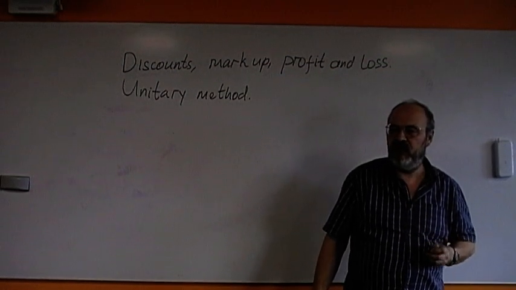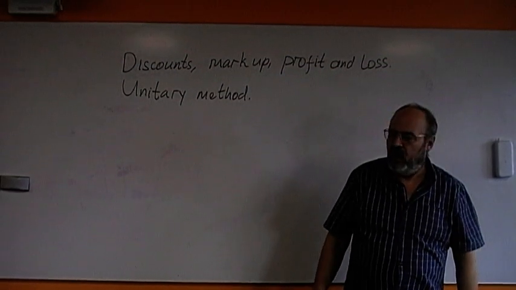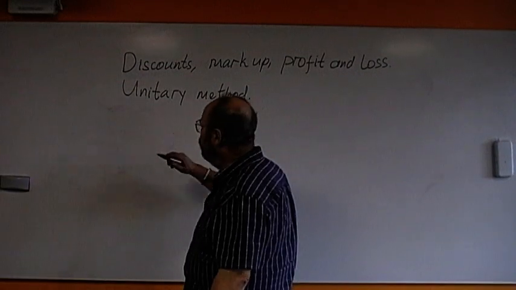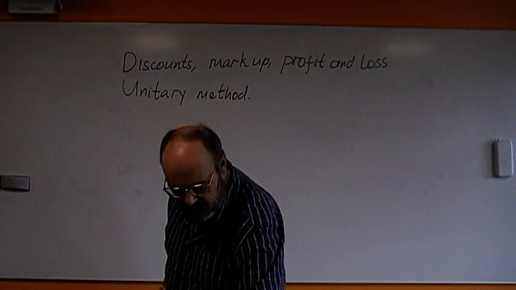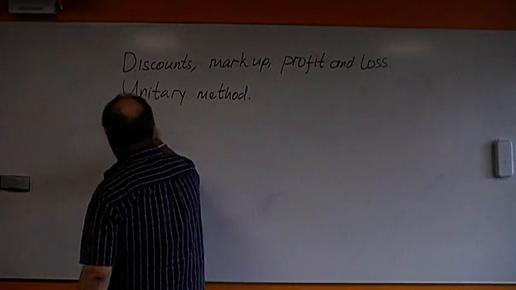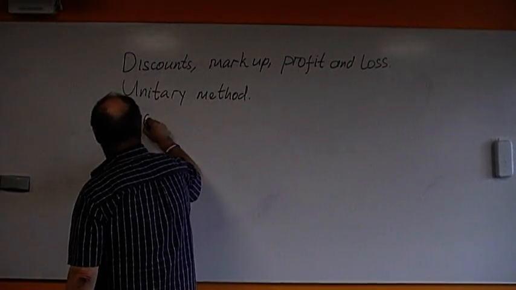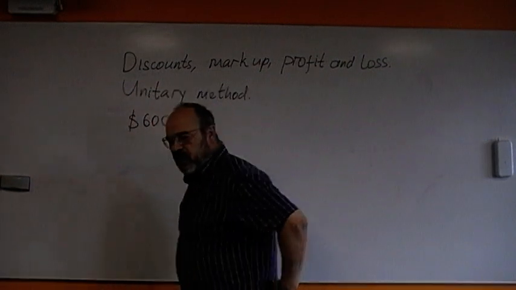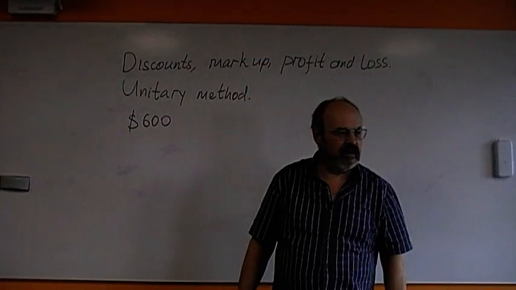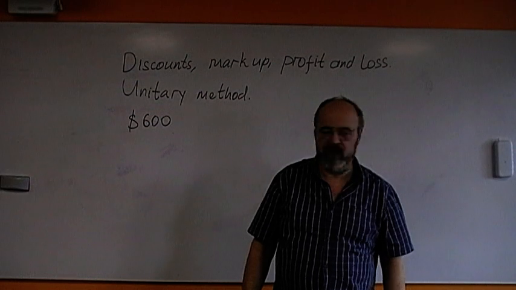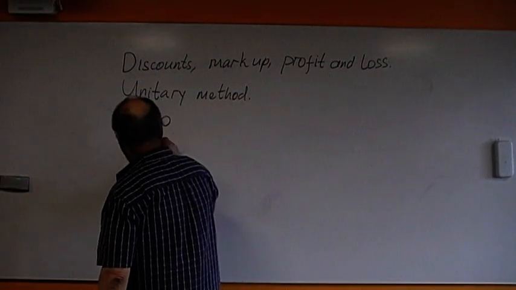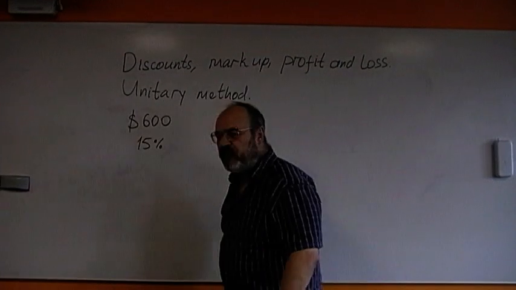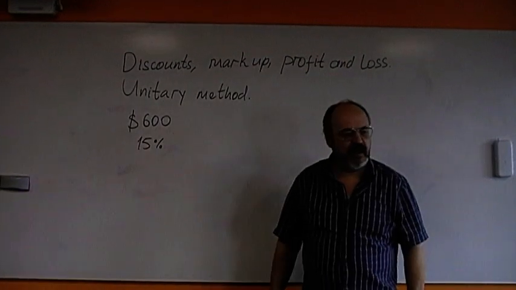So if we have, for example, something that costs, let's say the top costs $600 and it's going on sale with a discount of 15%. How are we finding the sale price?